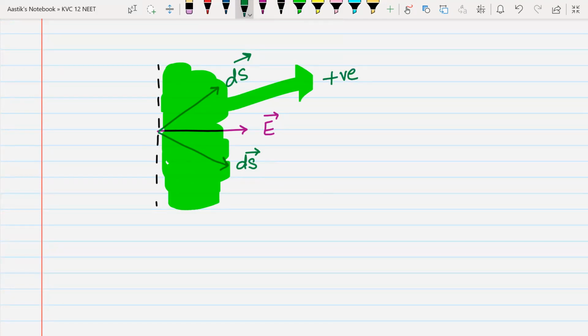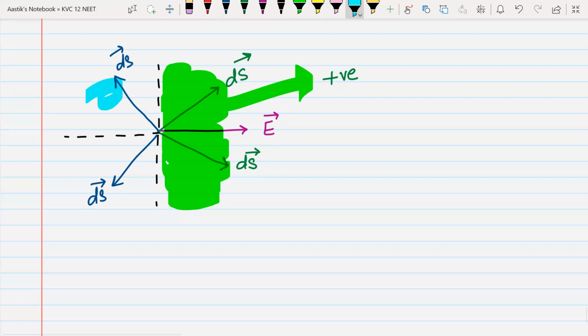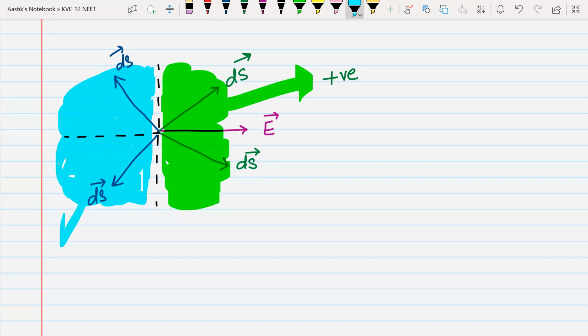Do we understand this? Yes, sir. If your area vector, ds vector, comes in this blue zone, then your flux is going to be negative.